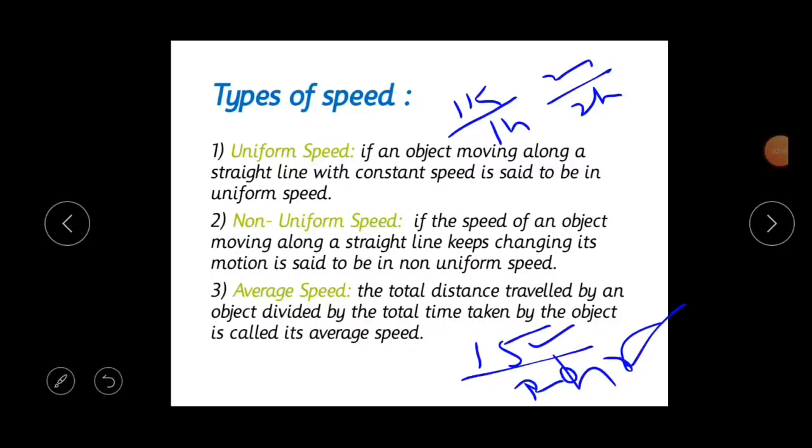So the total distance traveled divided by the total time taken is called the average speed. Okay, understood children?